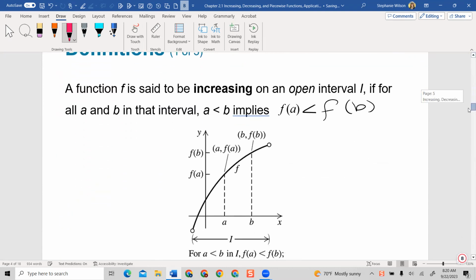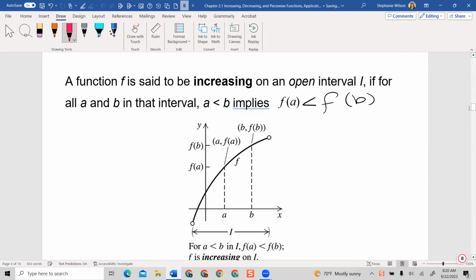So this slide here, if you want to just take a minute to pause this and review it, is a good illustration and explanation as to why this one's called an increasing function. We have ordered pairs of x comma y, but in this case, they said let a go in the place of my independent variable x.